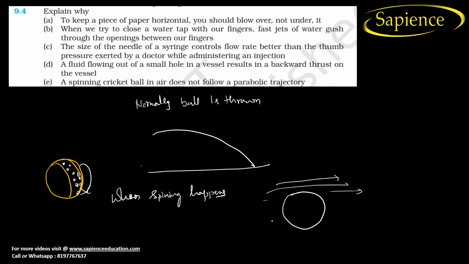If the ball is being rotated like this, the air molecules will get reduced speed. So here speed will be less. It means that velocity is less here, and here velocity is high.